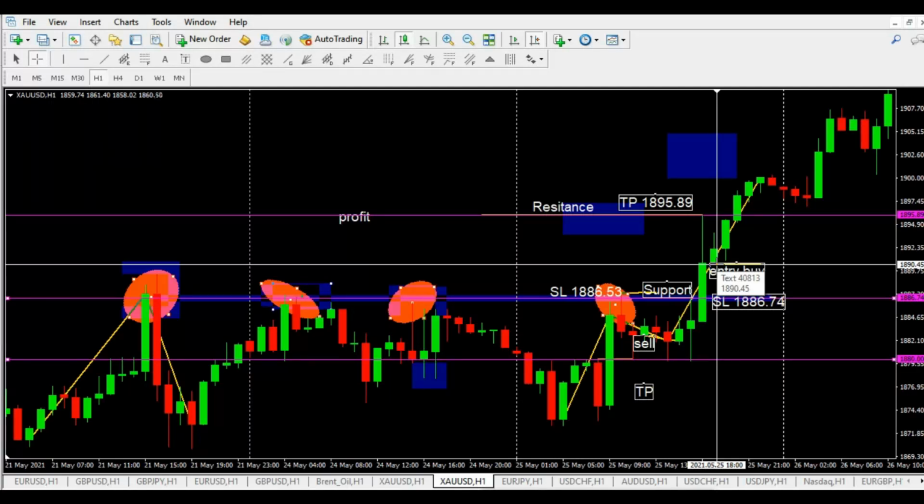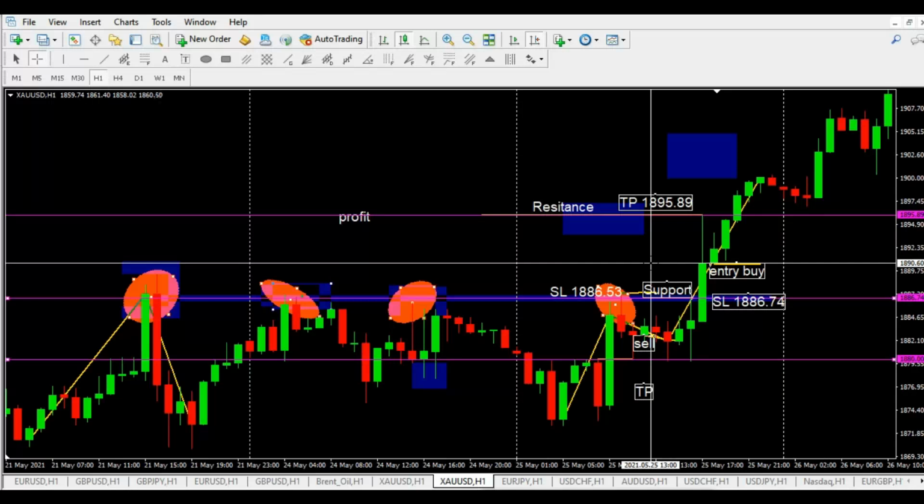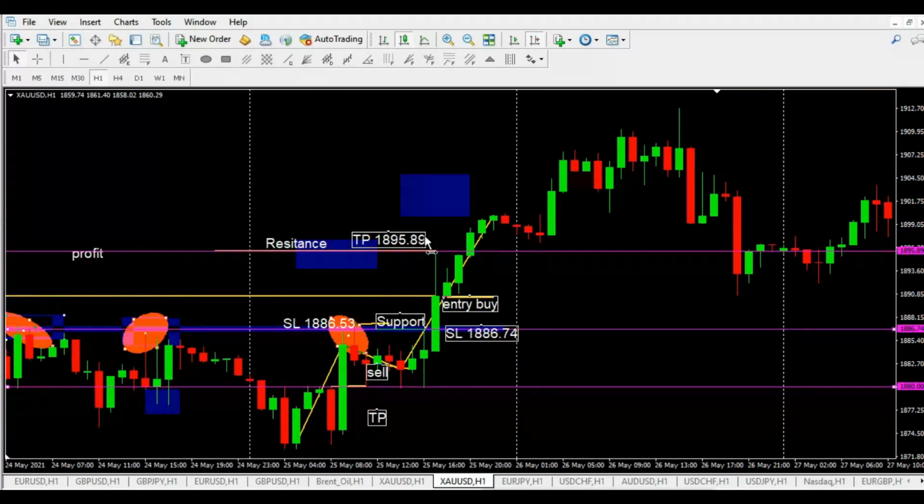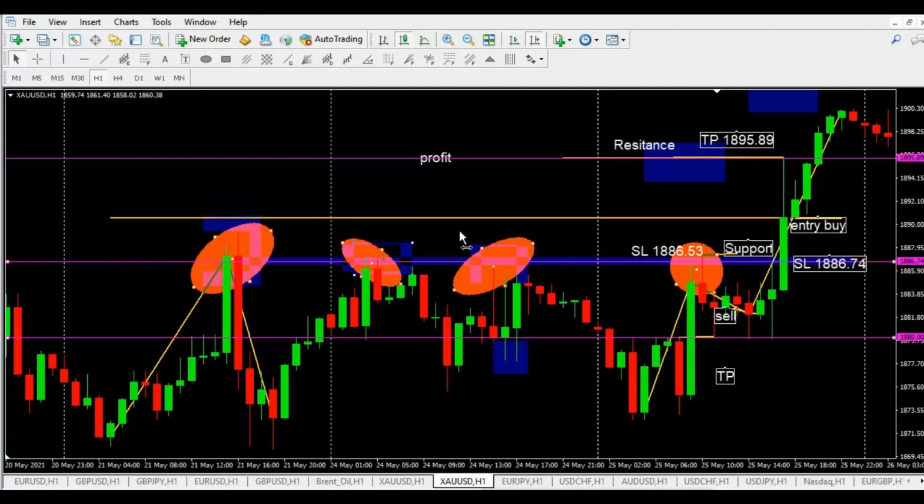We just enter after a big breakout, and the left side has no key level. Looking at this candlestick, going straight to the left side, there is no key level, so it's very safe, far from a key level.